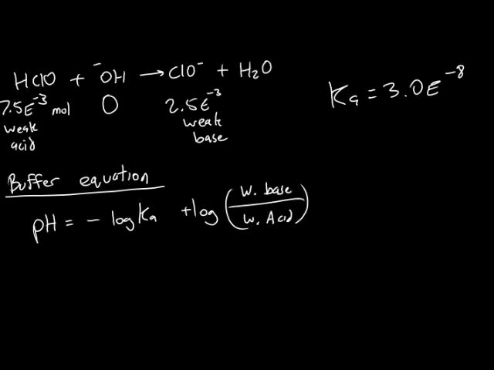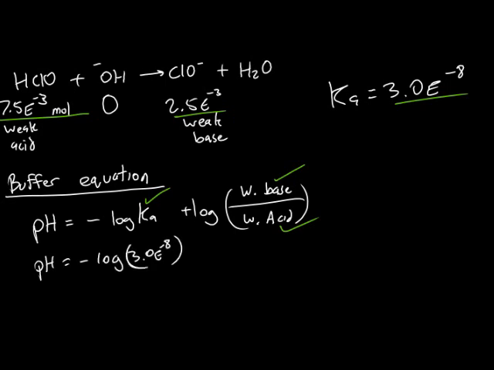We have the Ka, we'll check that off. We have the weak base, check that off. And we have the weak acid, check that off. So now we can say that pH is equal to negative log of 3.0 times 10 to the negative 8 plus log of 2.5 times 10 to the negative third divided by 7.5 times 10 to the negative third.